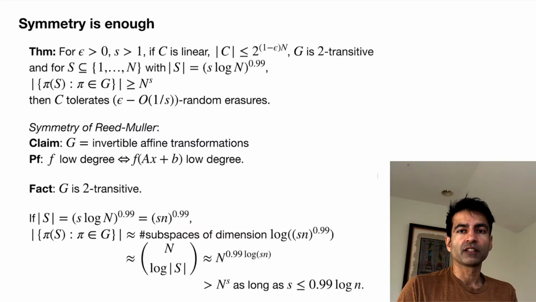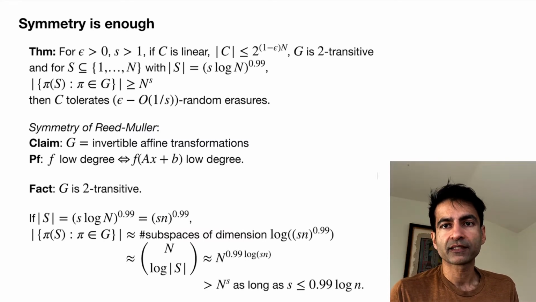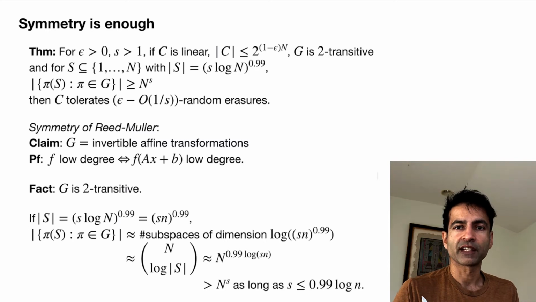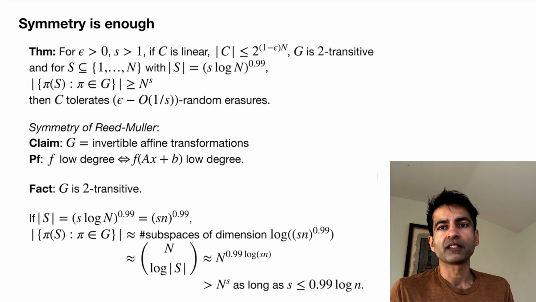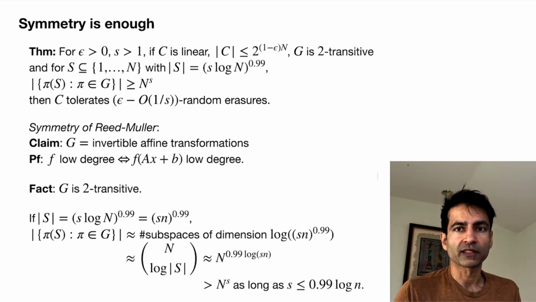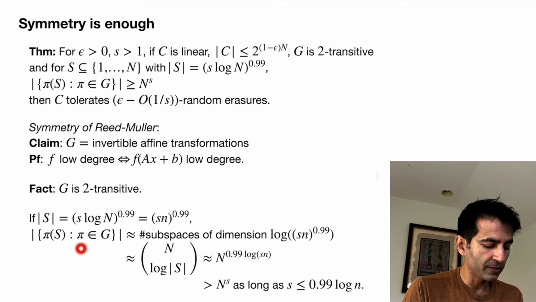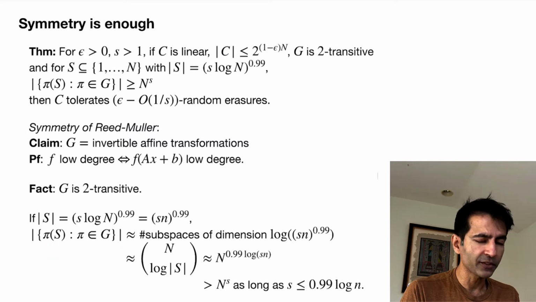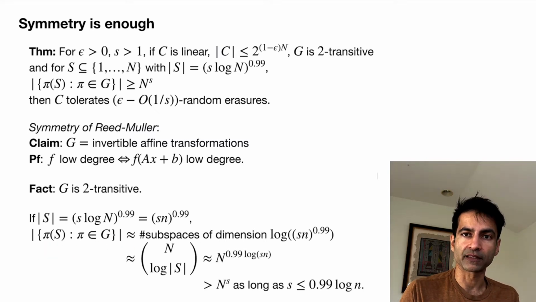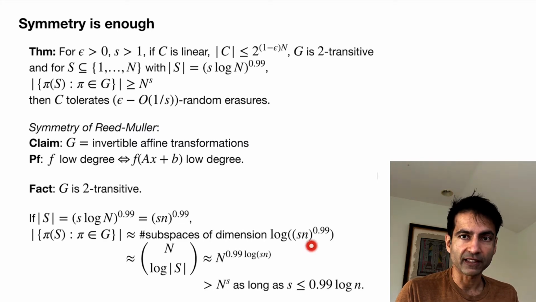Then you can show that actually the worst case, the set of coordinates that has the fewest images, is a set of coordinates that forms a linear subspace. Okay, I won't prove this, but you can show that that's true. And so the number of images under the group of symmetries is the same as the number of subspaces of dimension log of S n to the 0.99.